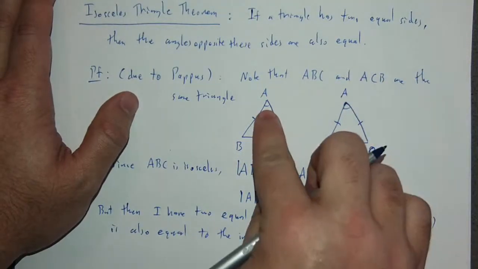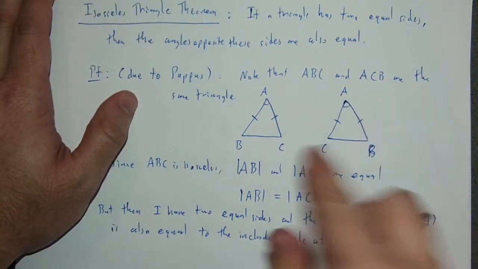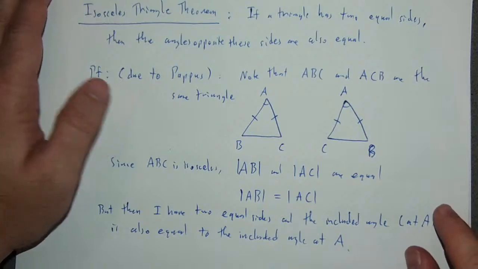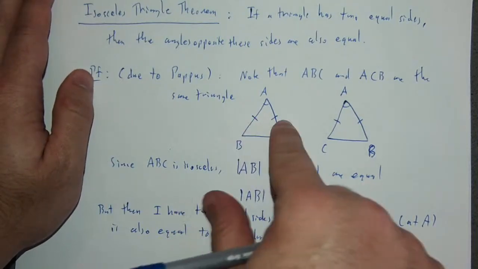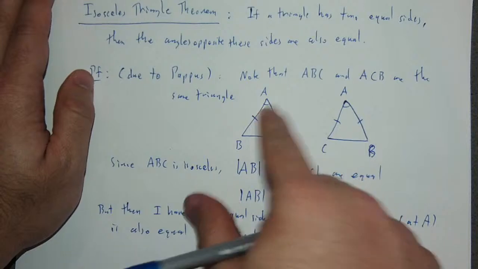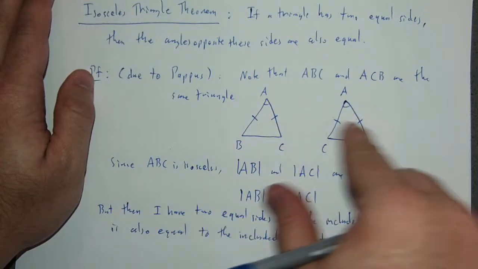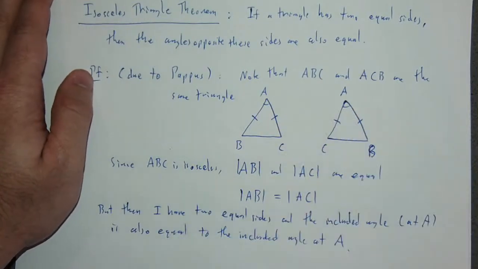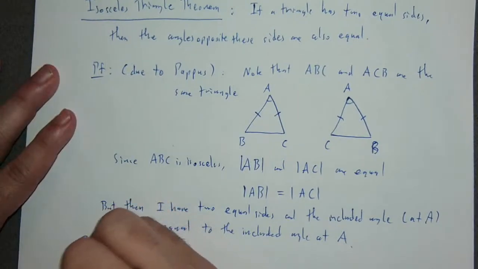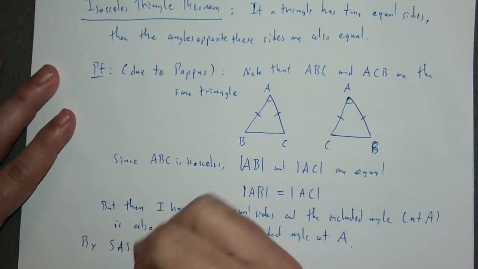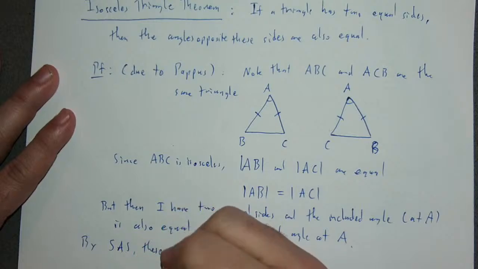That angle at A is the same angle at A because it's literally the same angle. That's why they're equal. And so in this triangle, I have two sides and an included angle equal to two corresponding sides and the included angle. So by side-angle-side, these triangles are congruent.